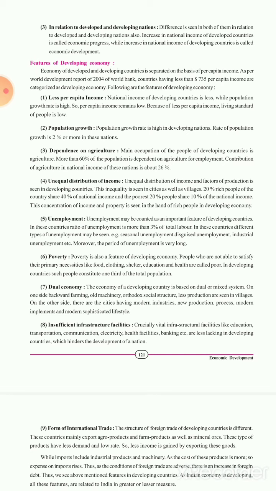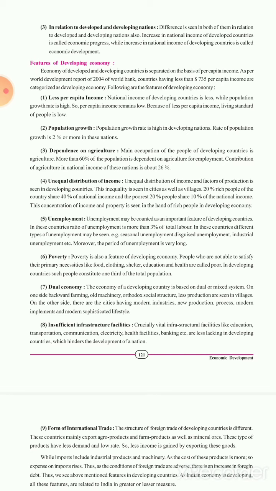Fifth point, unemployment. Due to less education, more people are unemployed, and unemployment is more than 3% of the total labor. We can see seasonal unemployment, disguised unemployment, industrial unemployment in a country like India.